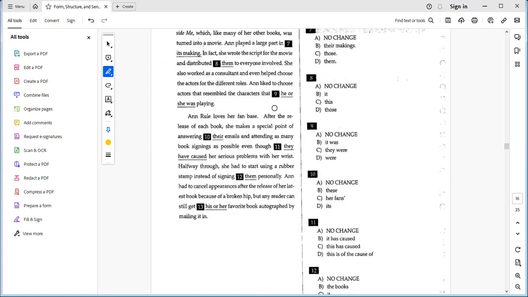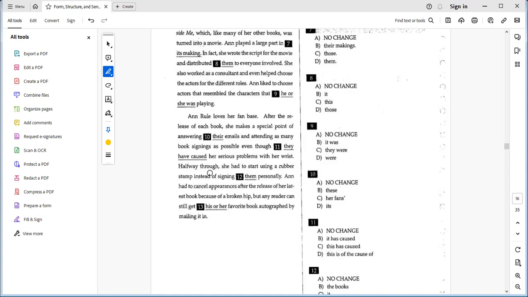MashaAllah, Abdul Mateen. A machine today. 7 right, 8 right, 9 wrong, 10 right, 11 wrong, 12 right, 13 wrong. A corrupted machine, Abdul Mateen.